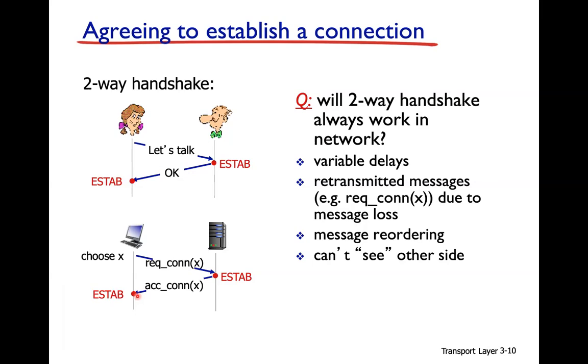When I speak to you, I know that after several seconds you will get this message, or if we talk face to face, usually you get it immediately. So the delay is manageable. Second, when I talk to you, I will not talk further until you say it's okay.